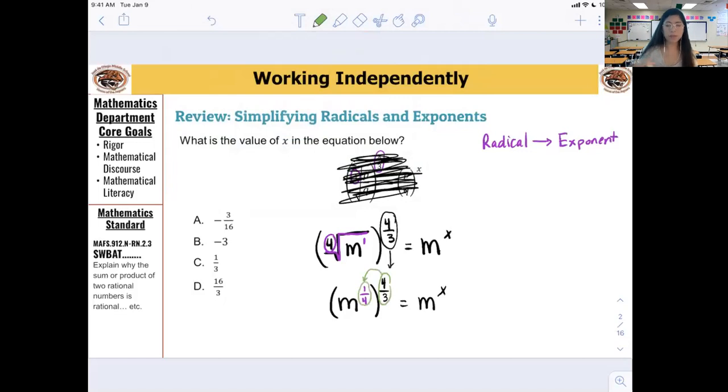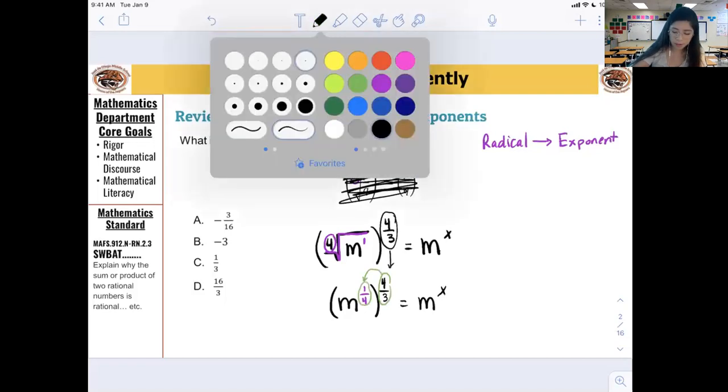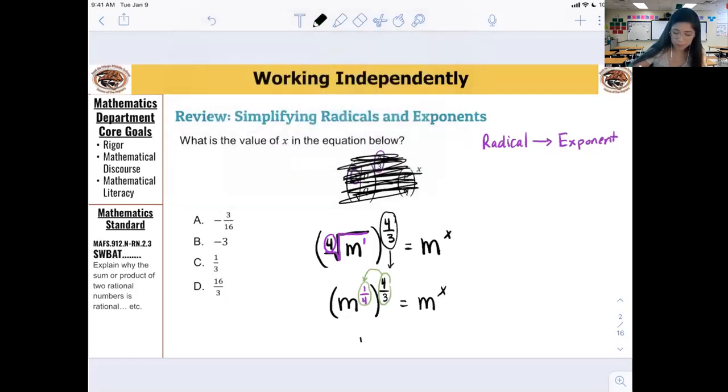So this is now a distribution situation where what do I do between these two exponents? Do I add them, subtract them, multiply them? What do I do? 1/4 and 4/3. Do you add them? Not in this case. This is not an addition situation. What is this? There's parentheses, so that should give you a little hint.